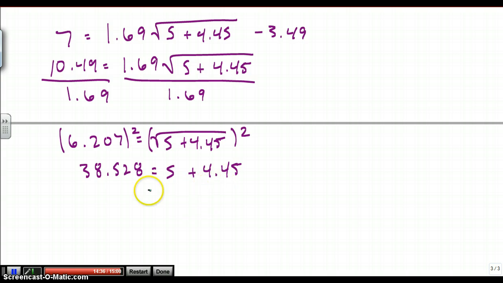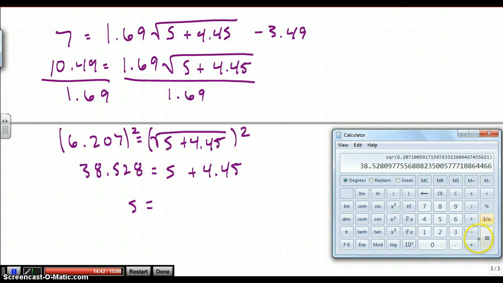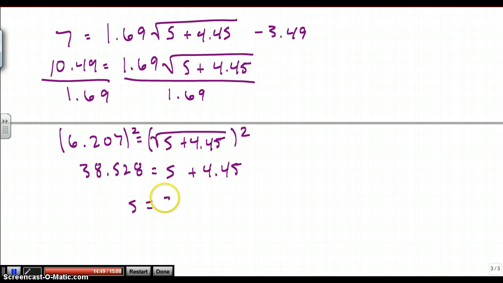And now we just subtract 4.45 from both sides. So minus 4.45, and we get 34.02. 34.02 is the wind speed.